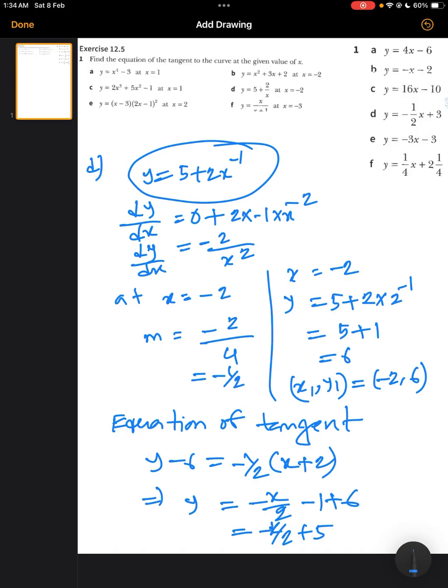Why did I make a mistake? Here it says plus 3. Okay, if I multiply these things, minus x by 2, half times 2, which is minus 1, and 6 plus 5. Did I make any mistake here?